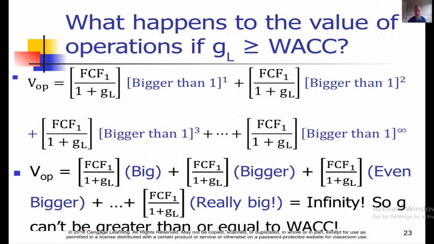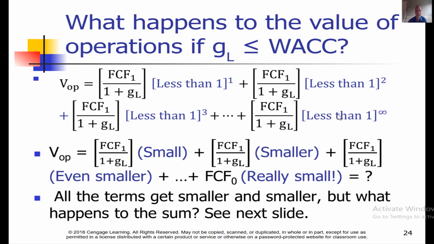So first we look at the value of operations if the long-term growth rate is greater than WACC. Then, for example, we would have a 2 here, a 4 here, and 3 4s here, 4 4s there, bigger, bigger, bigger, and going to infinity. This does not converge, so this cannot be used for the constant growth stock model.